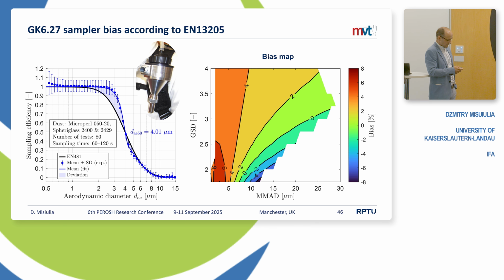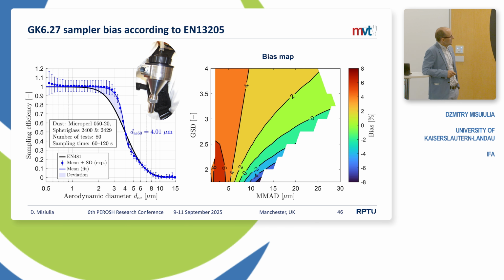When one analyzes all the measured data and plots it as mean value and standard deviation, and approximates the result with the Gompertz function, one can determine the bias map of the sampler according to EN 13205.